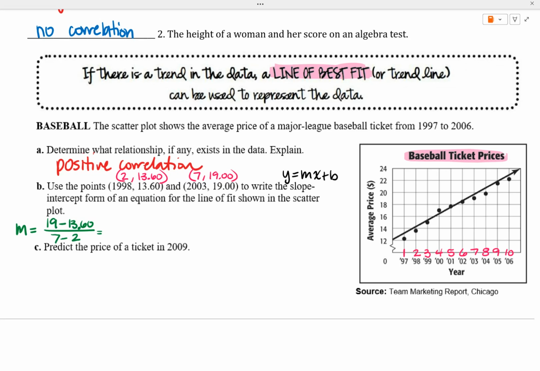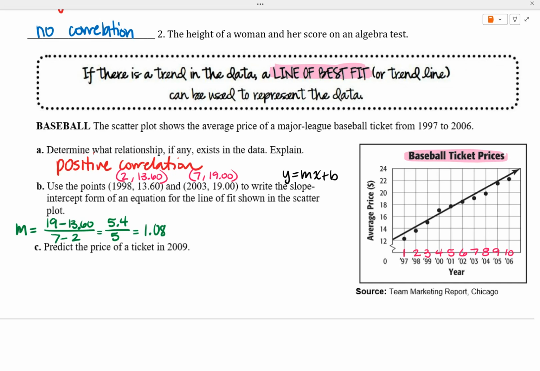So 19 minus 13.6 gives me 5.4, over 7 minus 2 is 5. And that gives me a slope of 1.08. So our m, our slope, is 1.08.